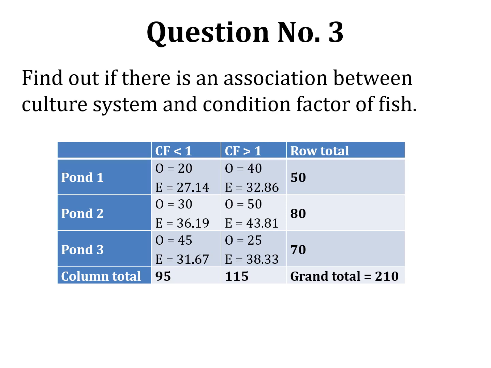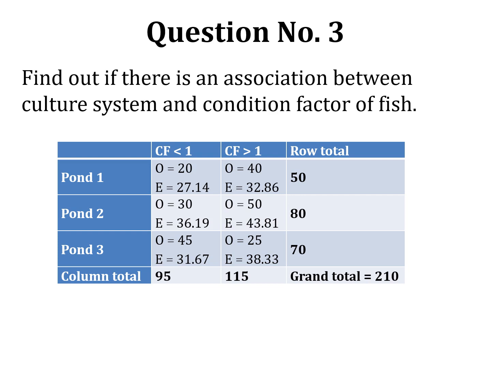What we have to do here is calculate the expected frequencies, and for that we have to do certain calculations which involve the row totals, the column totals, and the grand total. For pond 1, for the fish with condition factor less than 1, the first cell, the expected frequency is 27.14.